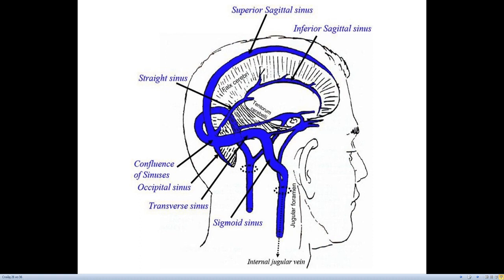The cavernous sinuses are paired and connected by the intercavernous anastomoses, sinus intercavernosus anterior and posterior.